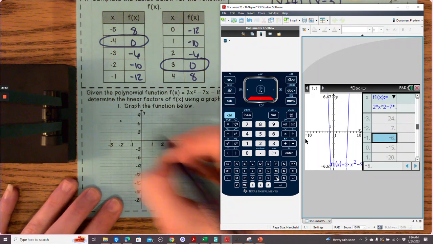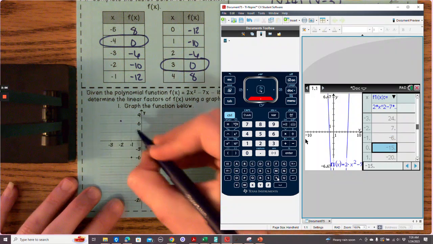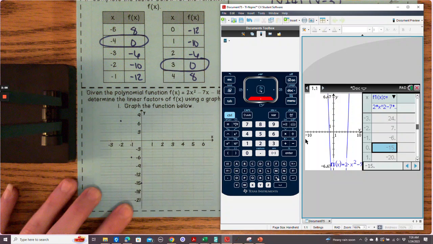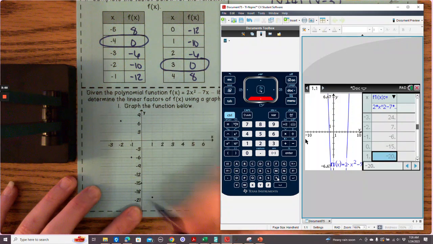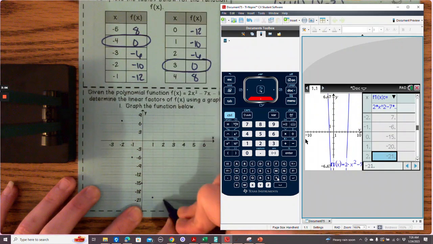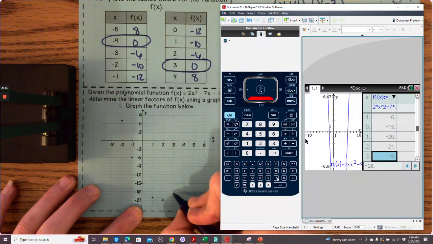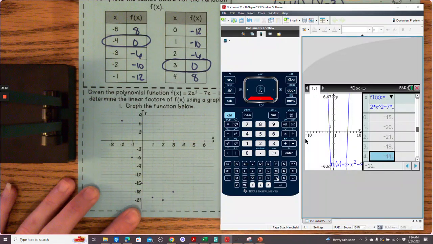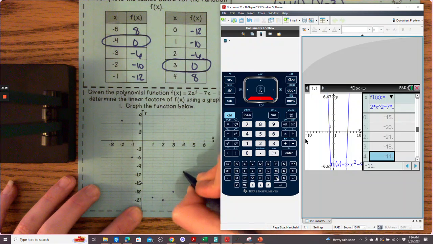Negative 1 and negative 6. 0 and negative 15. 1 and negative 20. 2 and negative 21. And then 3 and negative 18. 4 and negative 11.